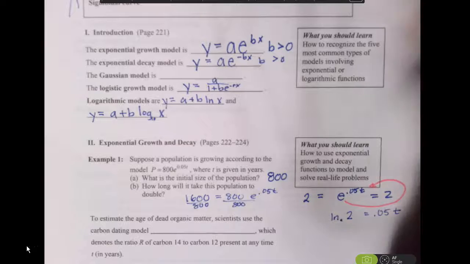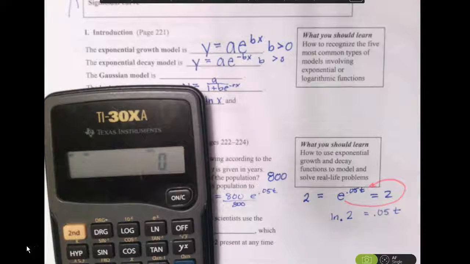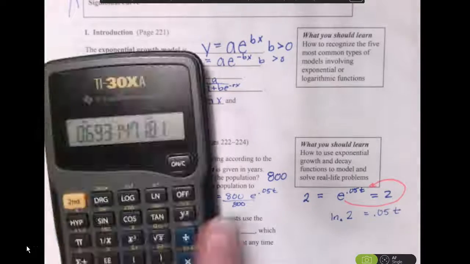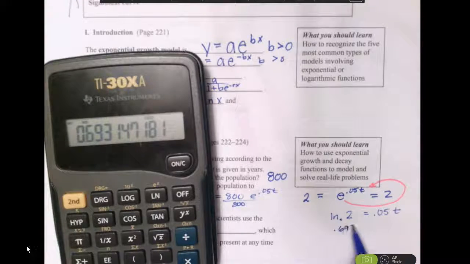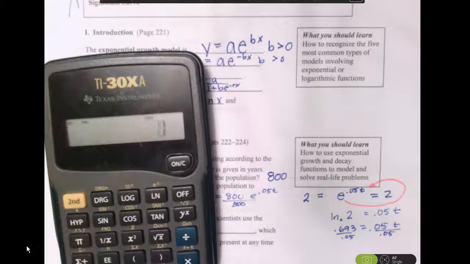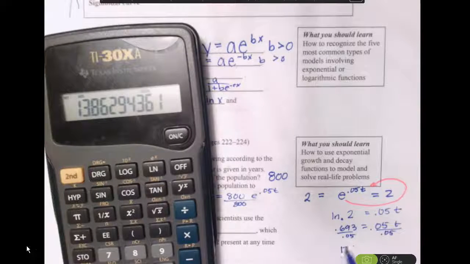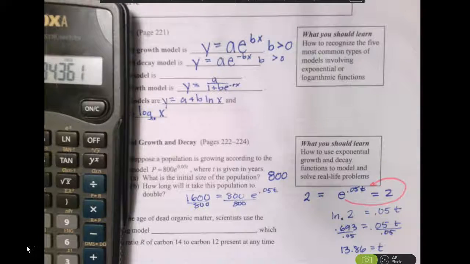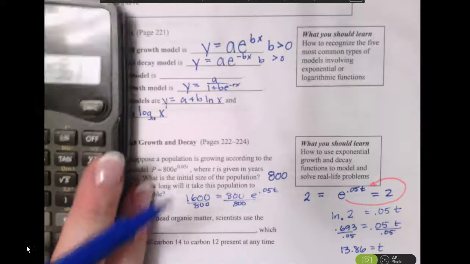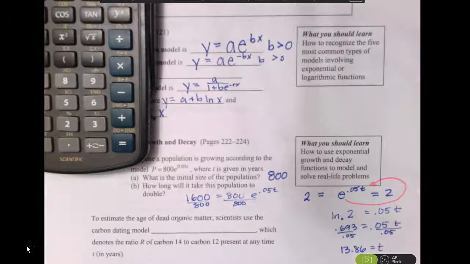The natural log base e of 2 would be 0.693, and then to get t by itself, divide by 0.05 on both sides, and we get 13.86. Then we check, does that make sense in the context of our problem? Is that a reasonable number of years for a population to double? Yes, it's a normal number of years.